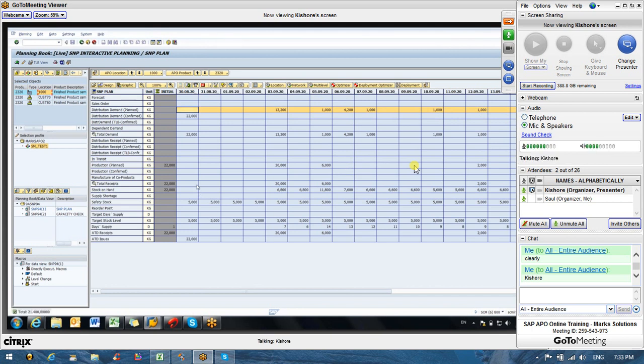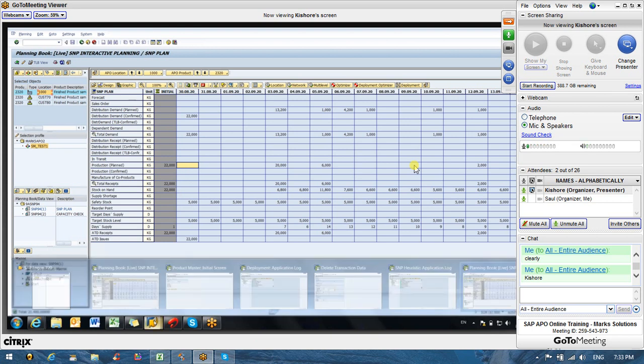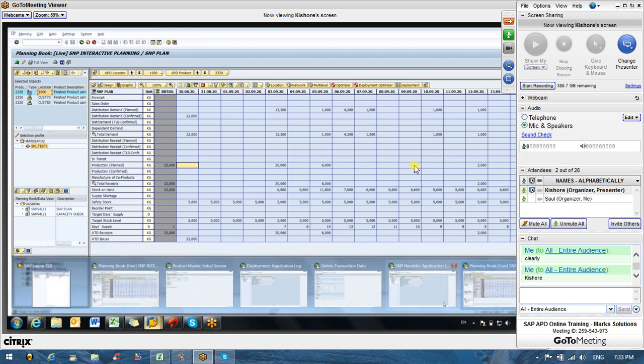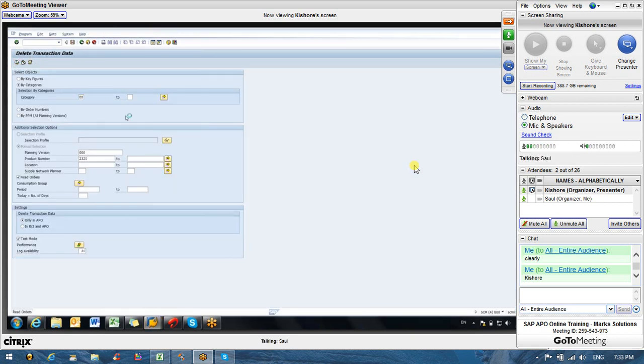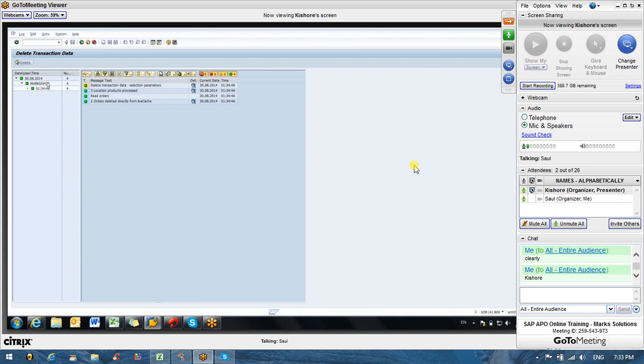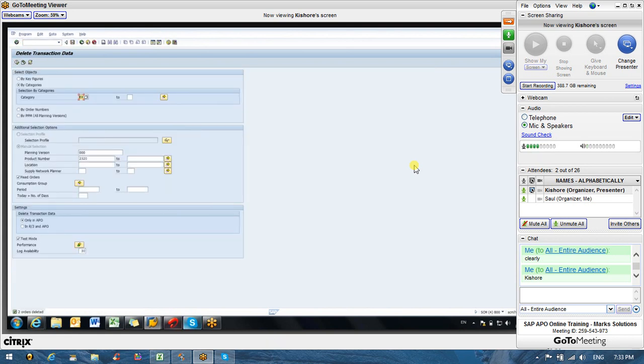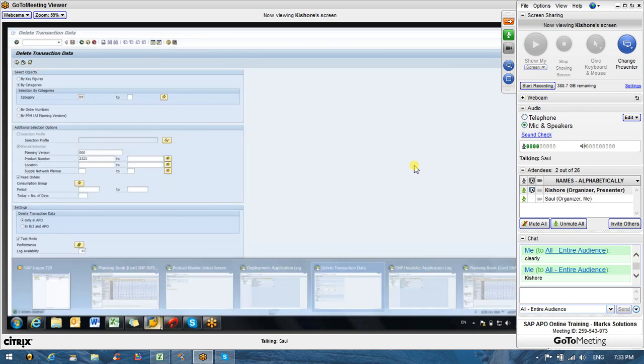Now what we'll do is redo that same process, but here instead of 22,000, we'll increase to some other quantities. I'll delete this deployment. Now run a heuristic.